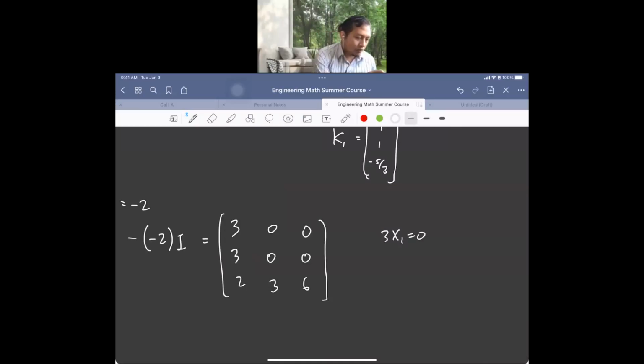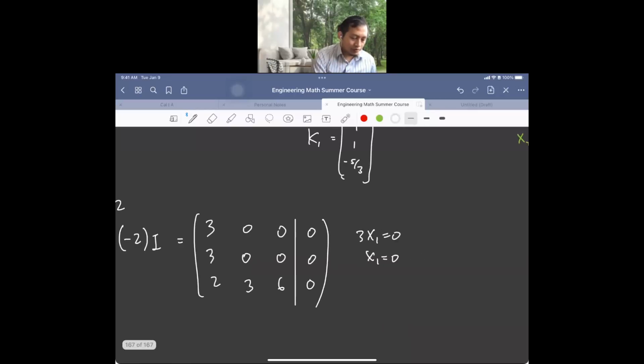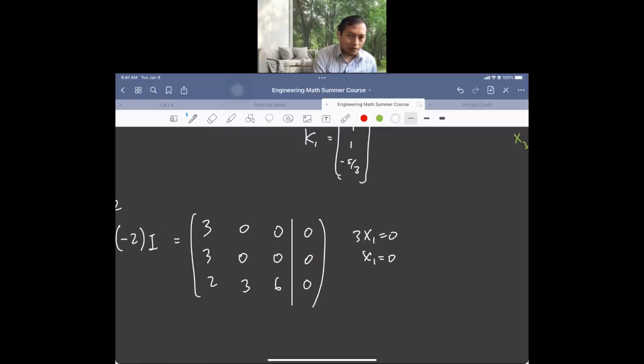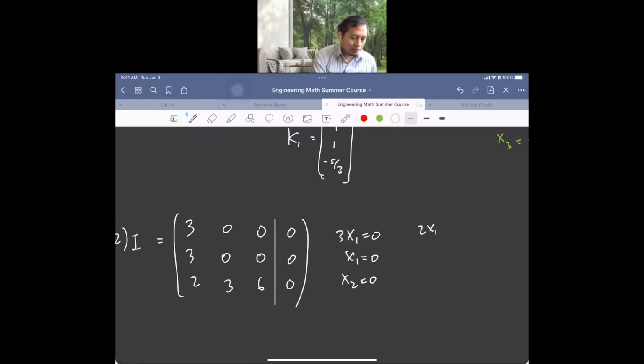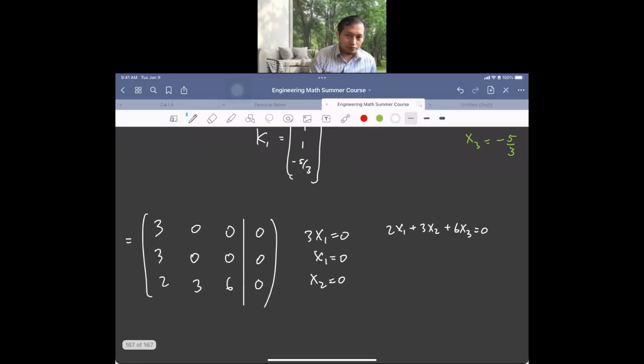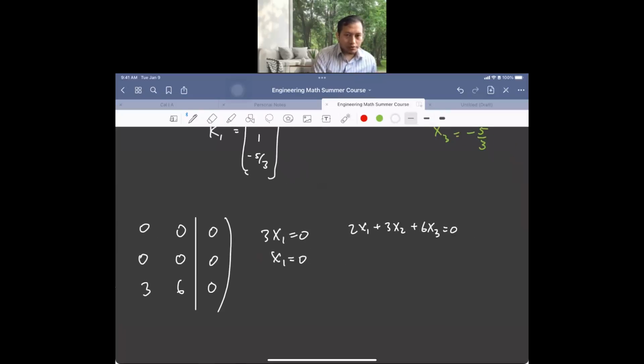We say that 3x1 is 0, so x1 is 0. x2 is also 0. So 2x1 plus 3x2 plus 6x3 equals 0. We need just to have one, so the other one is not yet confirmed.